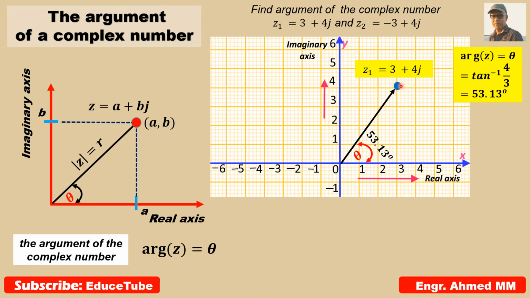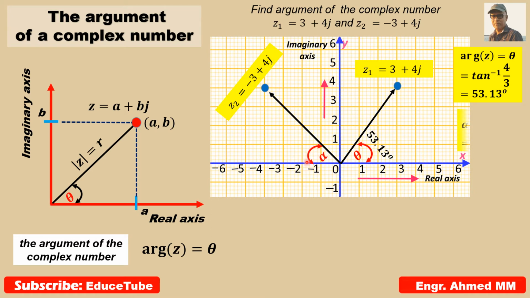Now I am taking the second complex number. Here there is some additional information we need to learn. Here I put this angle alpha. I did not put theta, I put alpha. The reason is, first I want to find this angle.